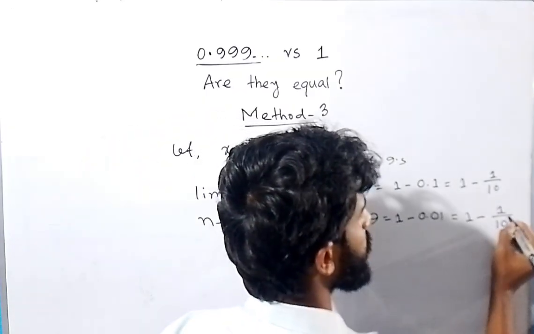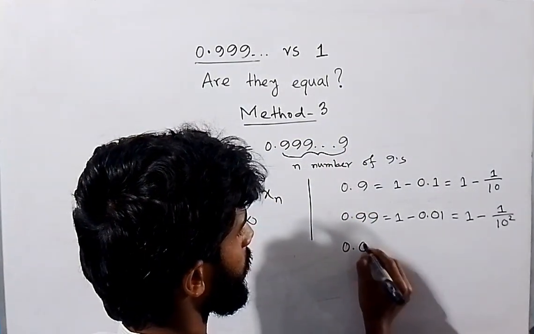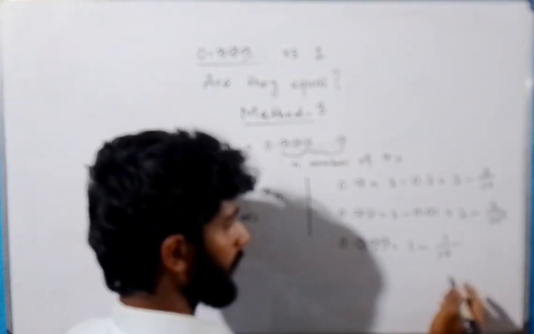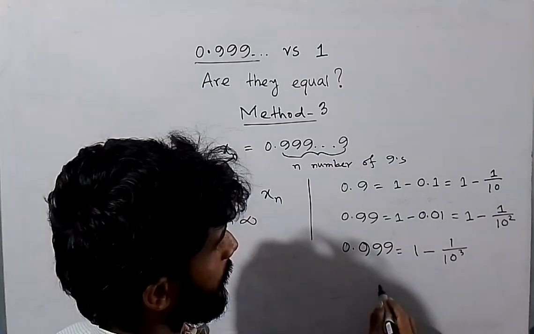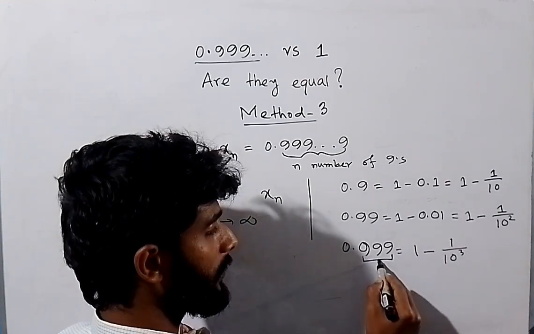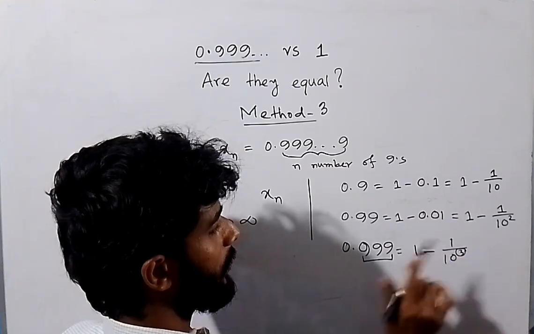Moving to the next, 0.999 can be written as 1 minus 1 by 1000, but I will write this 1000 as 10 to the 3, because there are three 9s here, and the power is 3.